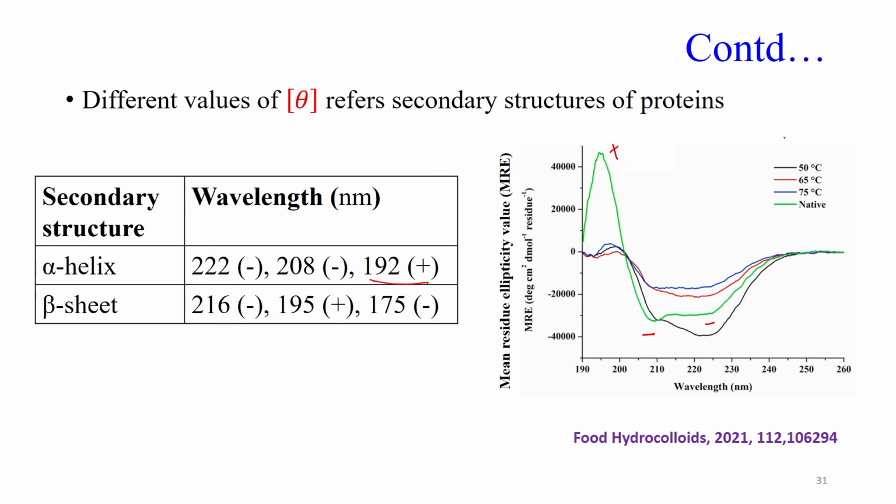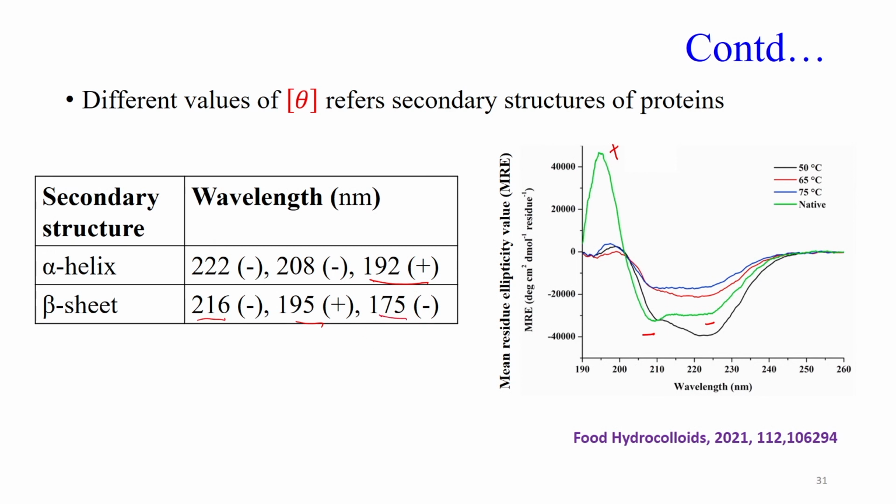222. Now, if we are heating this albumin at 50, 65 and 75, it means there is a change in its secondary structure, that we can analyze, whether there is a formation of beta sheet or not. So, for beta sheet, this positive peak will shift to 195 and the negative peak will shift to 216.